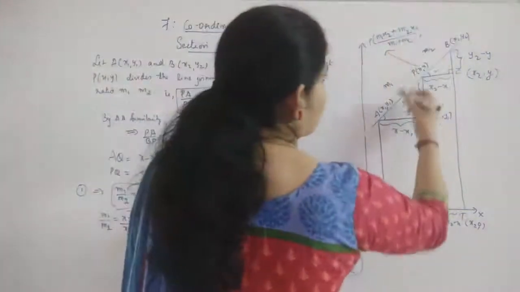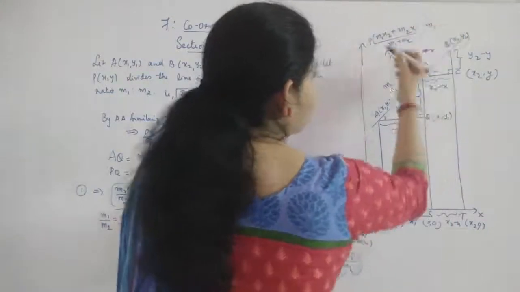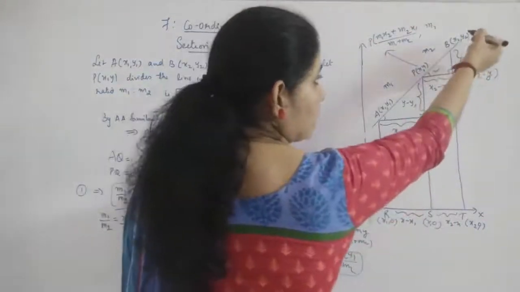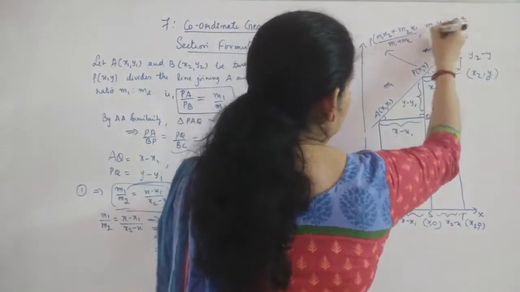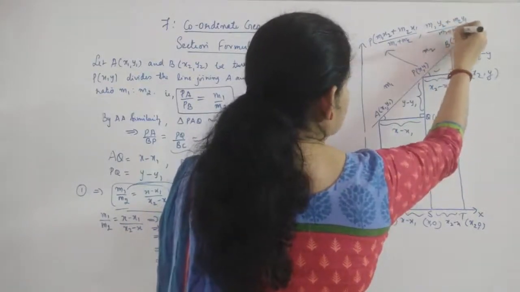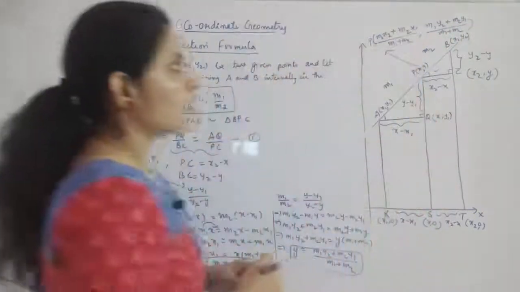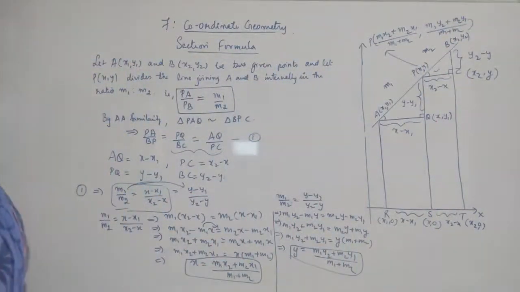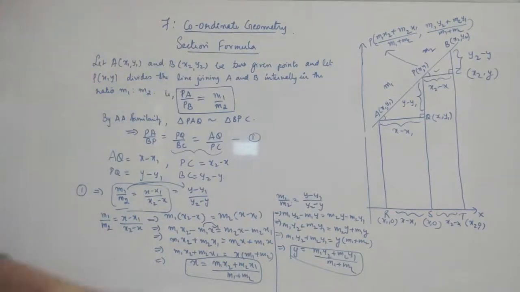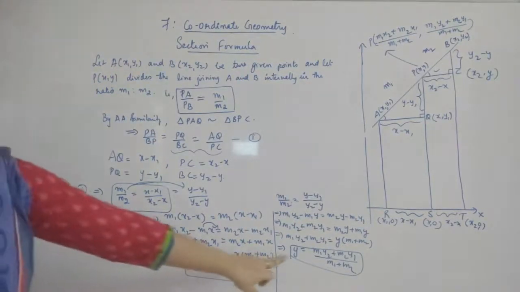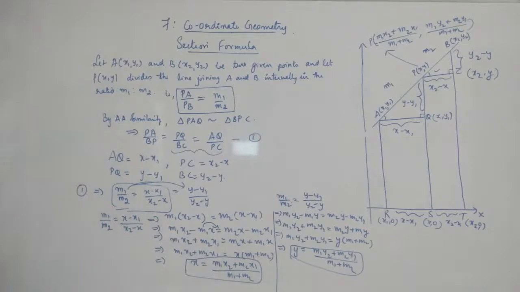The second coordinate is the same, that is m1 into the second point's second coordinate, m1 into y2 plus m2 into y1 by m1 plus m2. So this is your P. This is what is known as the section formula.